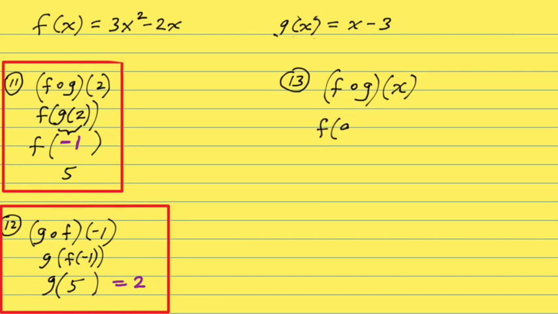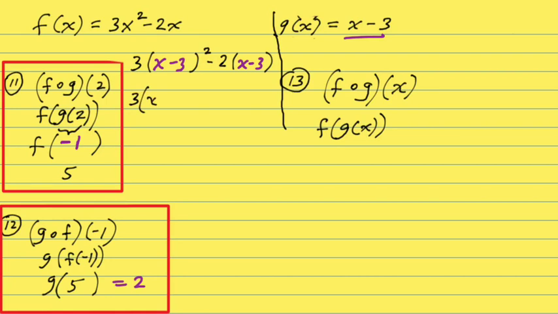Says f of g of x. Take your f function. That's 3x squared minus 2x, and you replace the variable with the other expression, in this case x minus 3. So you have to expand it. You're going to square it first.